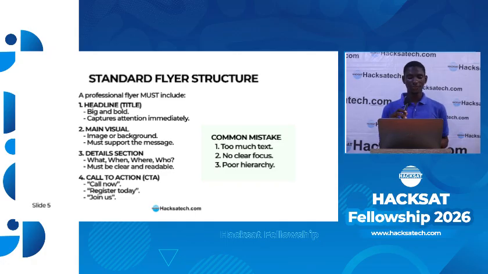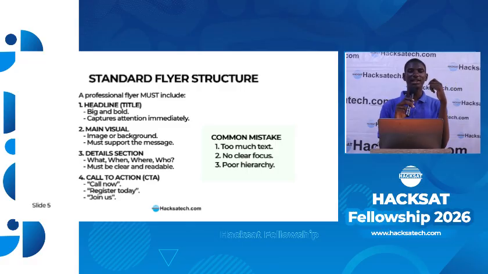So, the standard flyer structure. A professional flyer must include, number one, a headline, that's the title, big and bold, which captures attention immediately. Each and every flyer needs to have a headline. It needs to be big and bold for it to capture attention. And then secondly, a flyer has a main visual, an image or background that must support the message.